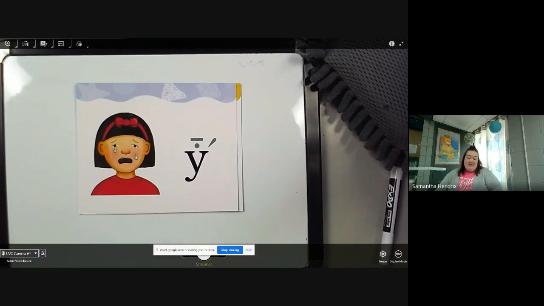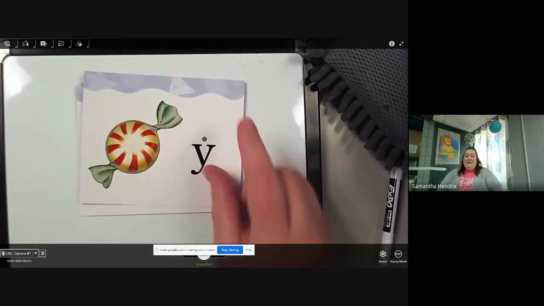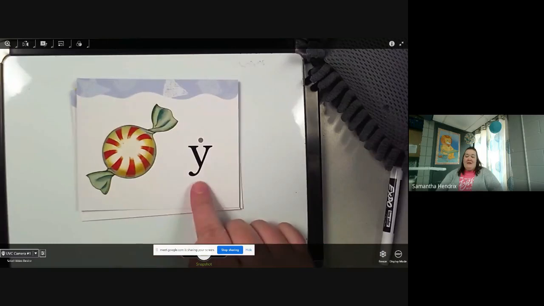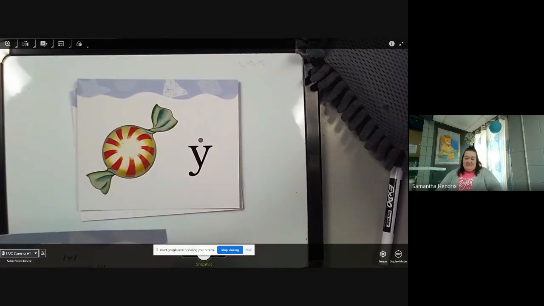So today's candy E. Oh, I have the wrong one.